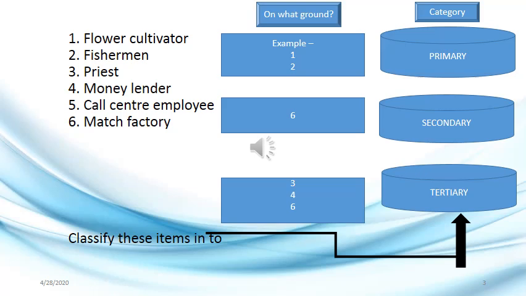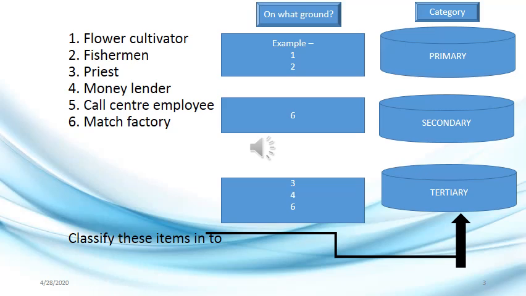Then all these items can finally be categorized into 3. Items 1 and 2 can be called primary because they are linked to nature. Item number 6, processing, can be called secondary. And items 3, 4 and 5, that is priest, money lender, call center employee, are giving service, so they can be classified as tertiary.